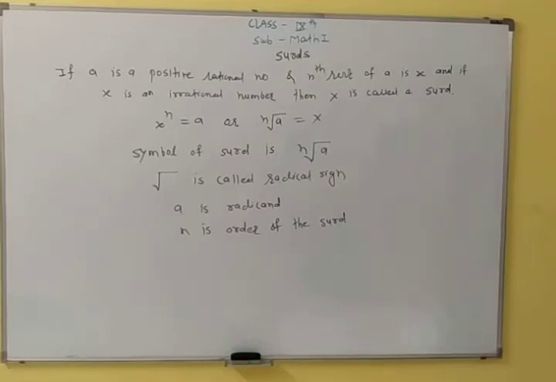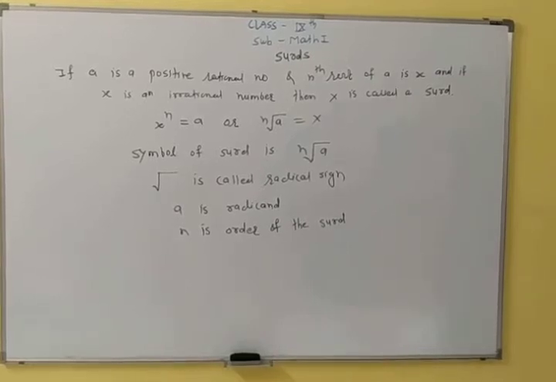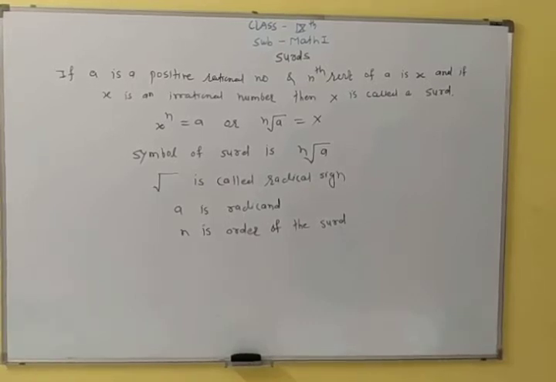Next topic is operation on like surds. We know that 5 is a rational number, but root 5 is not rational. The square root or cube root of any real number is either a rational or an irrational number.